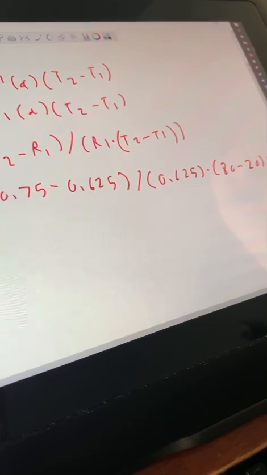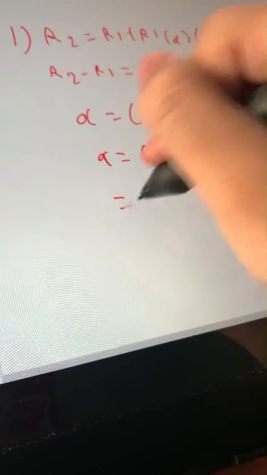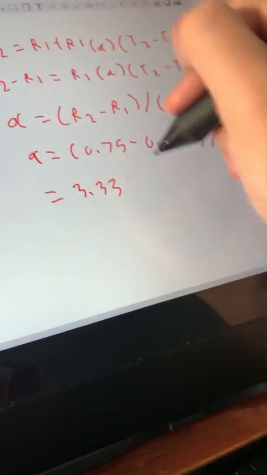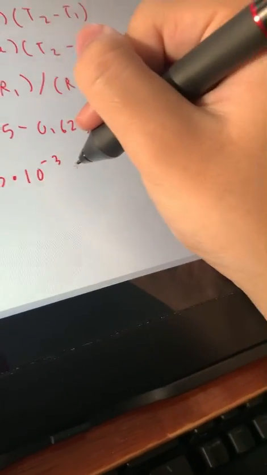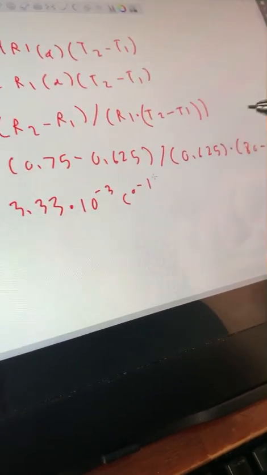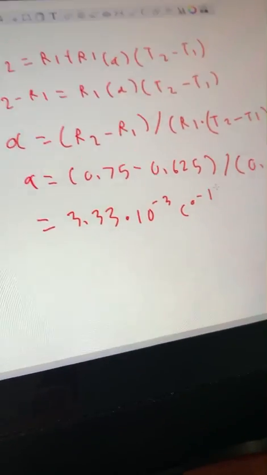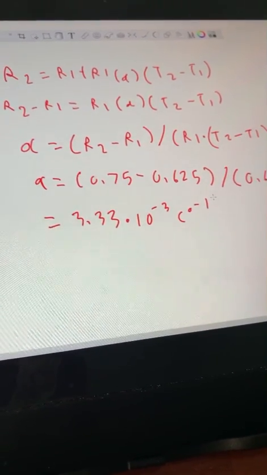And when we calculate all of this, we will get 3.33 times 10 to the power negative 3 per degree Celsius, Celsius to the power negative 1. And that is problem 9 of chapter 25.